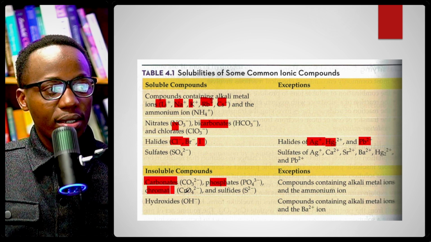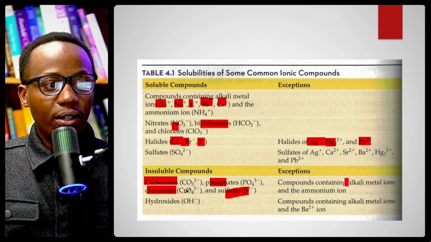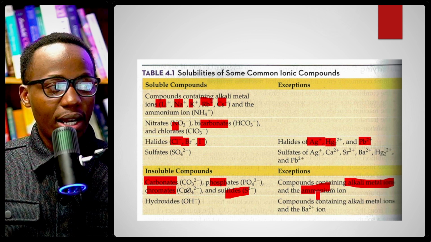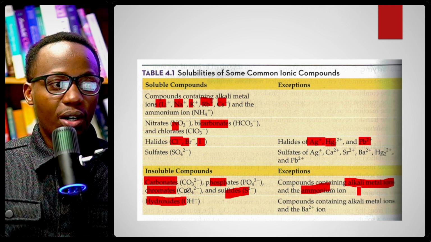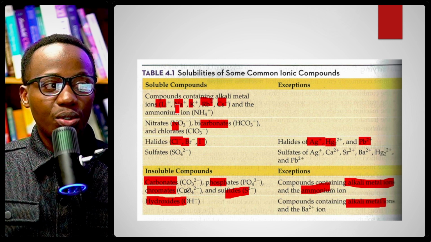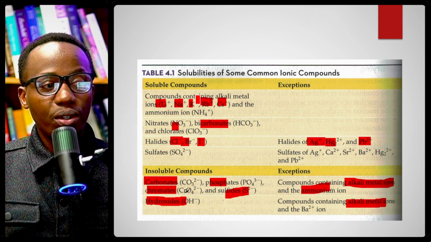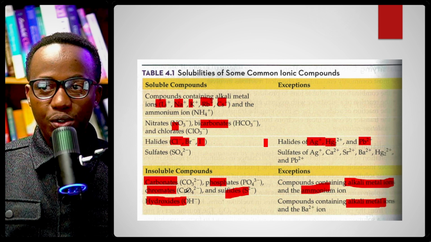Phosphates, chromates, sulfides, except when you have something like sodium or ammonium, right? And hydroxides are also insoluble, except when you have, again, alkali metal ions like sodium, potassium, lithium, and so on and so forth.